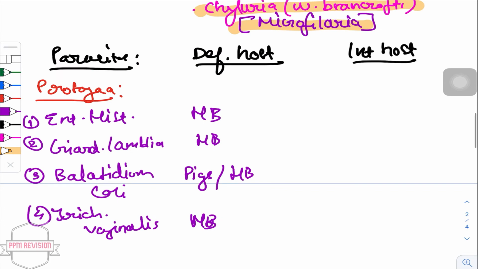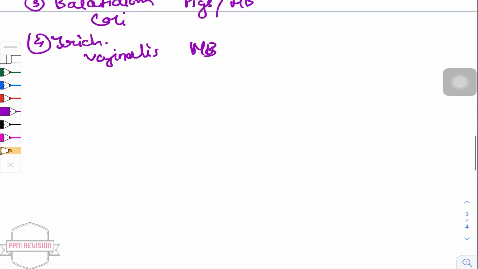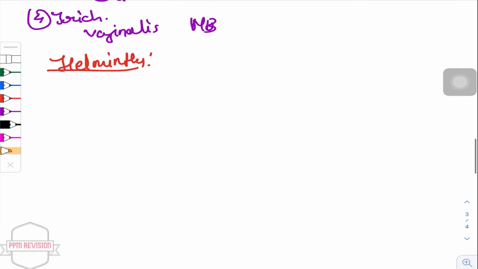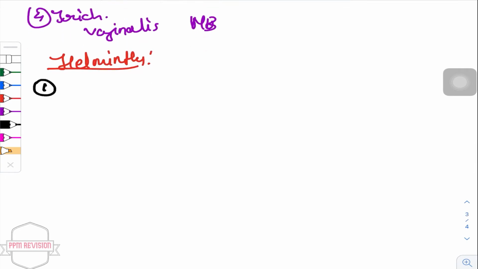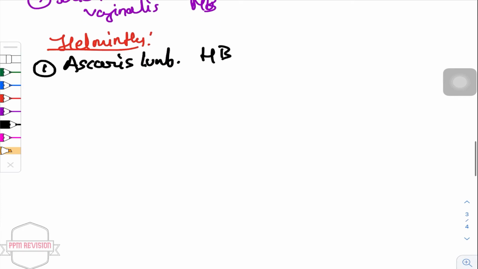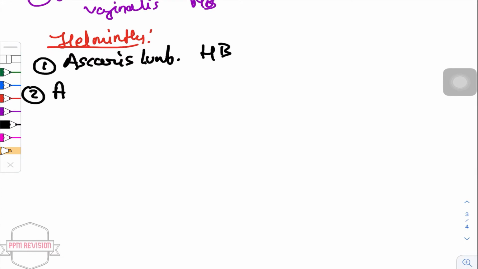Now looking at helminths. Under helminths there is Ascaris lumbricoides. Under this, it's also in human beings. Next one being Ancylostoma duodenale.